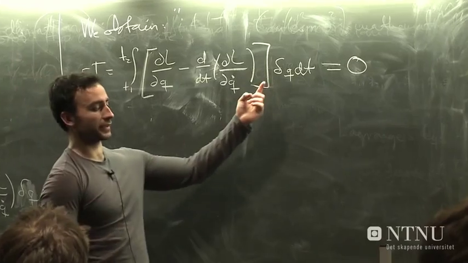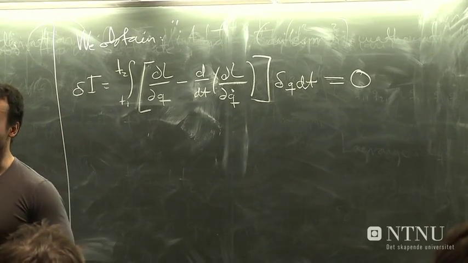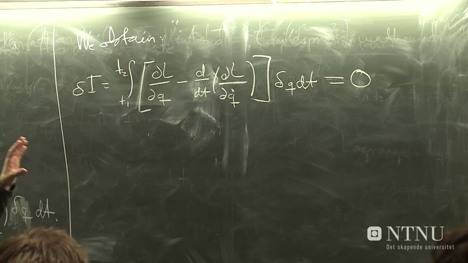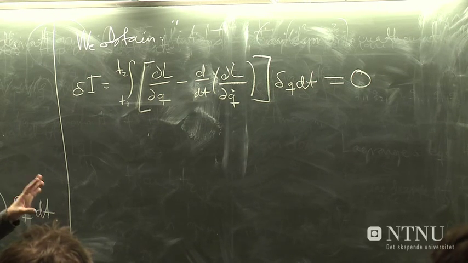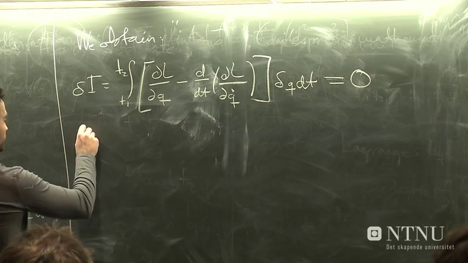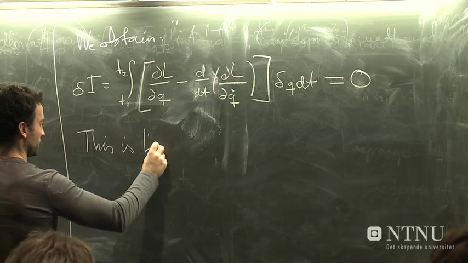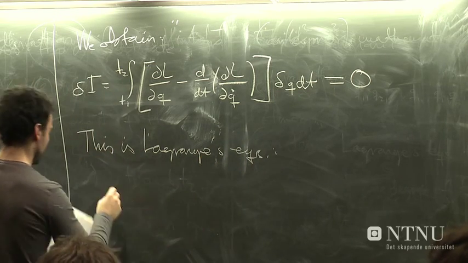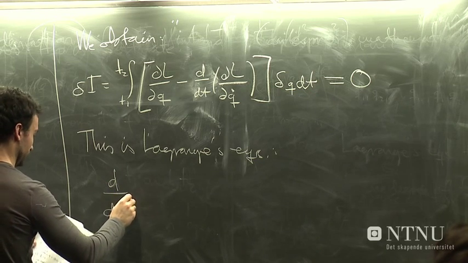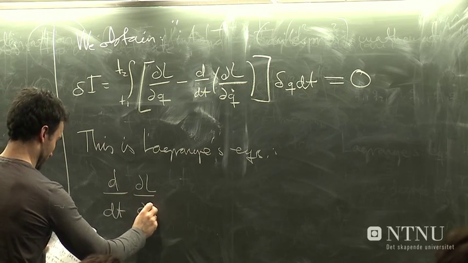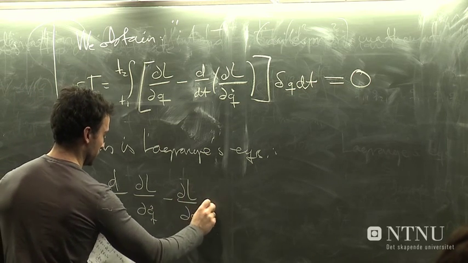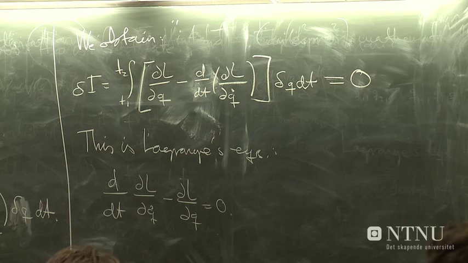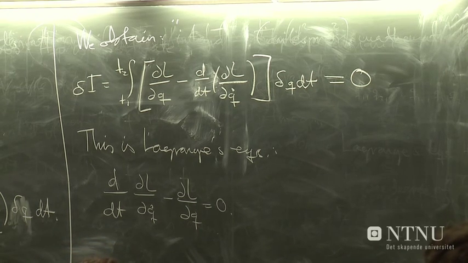Well, each of these del Q's are independent. They're generalized coordinates which are independent. So each term has to be 0. And we can generalize this. We just did this for 1 degree of freedom for simplicity, but we can generalize this to multiple degrees of freedom.